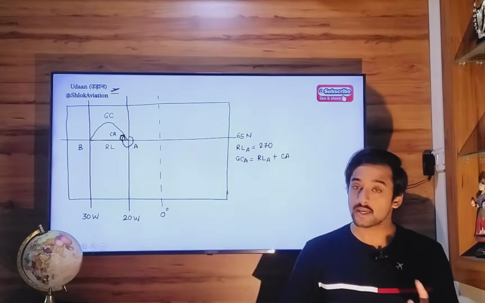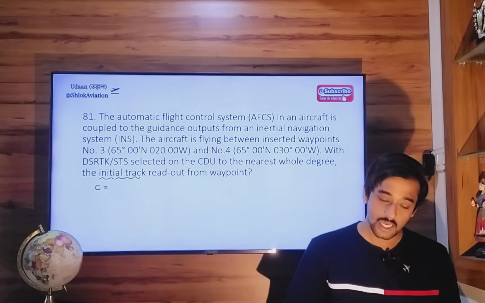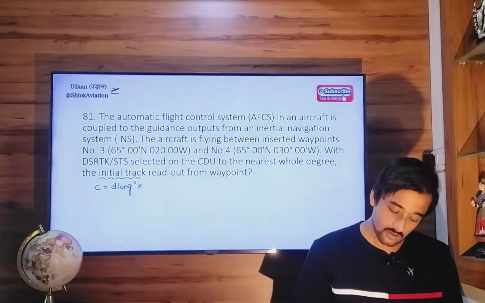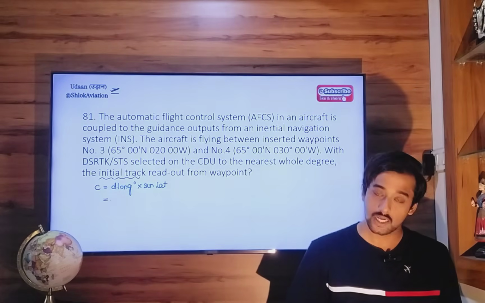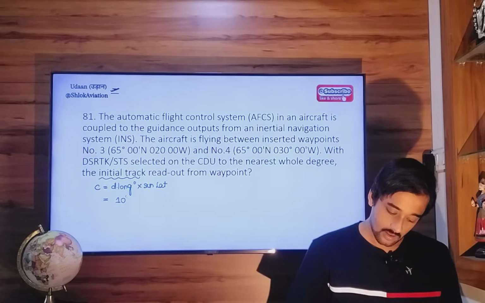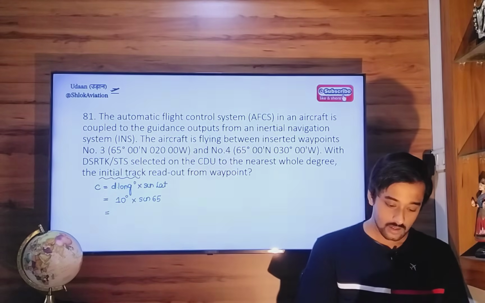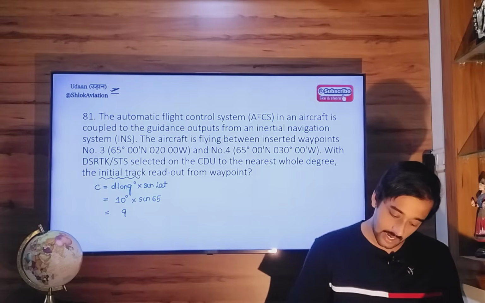Now we know the rhumb line track. Let's find convergency angle. What is convergency here? D long in degrees into sine latitude. So D long is 20 west, 30 west, meaning 10°. Sine latitude is sine 65. So sine 65 into 10 is 9° 3 minutes, or approximately 9°.